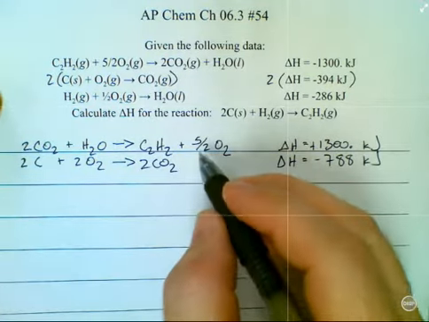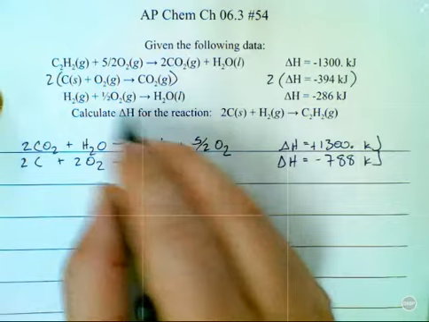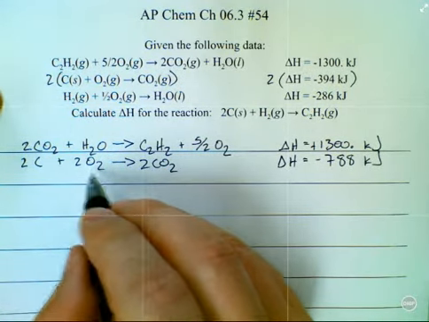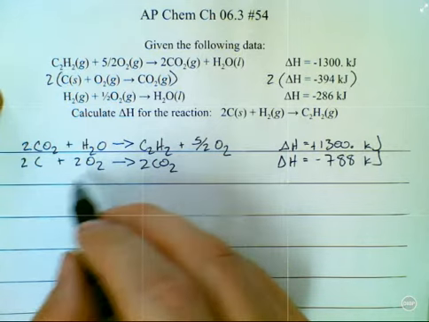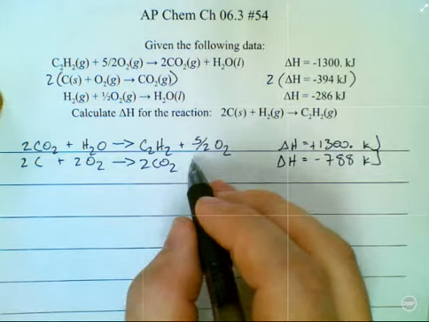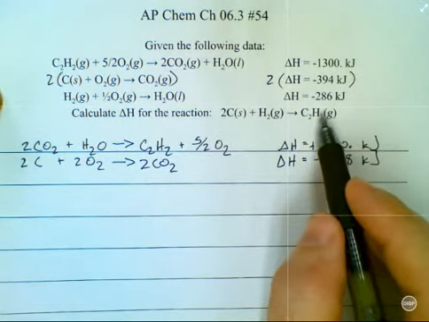All right, so with these oxygens intact the way I've drawn them here, I have 5 halves of an O2 molecule on the reactant side and on the product side, so those will end up canceling out. So that'll take care of the product side here.